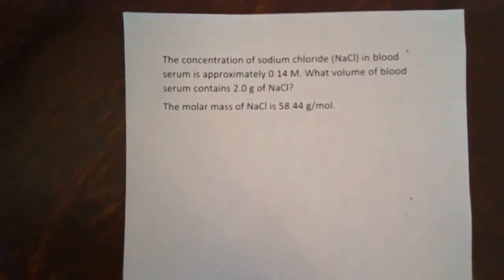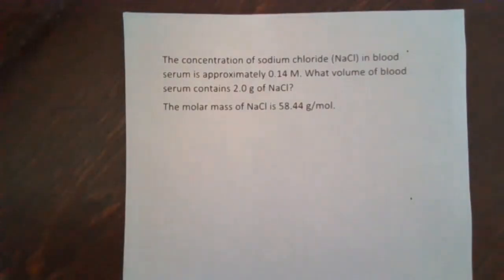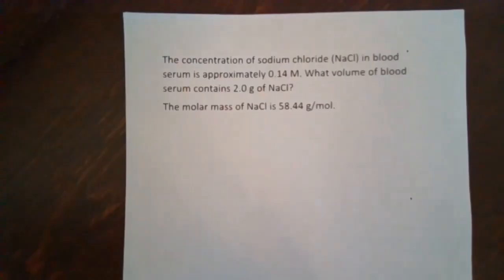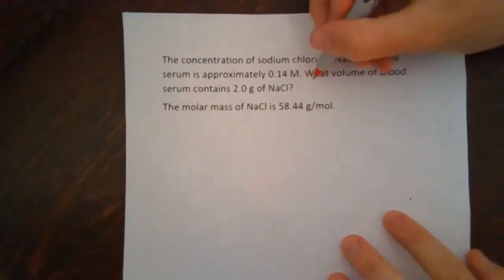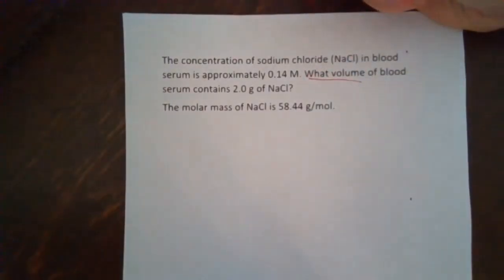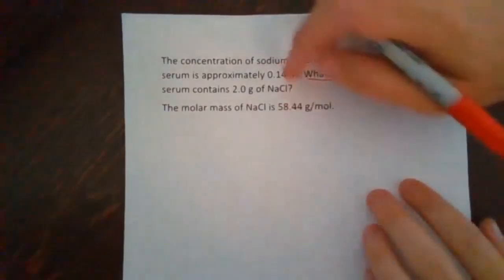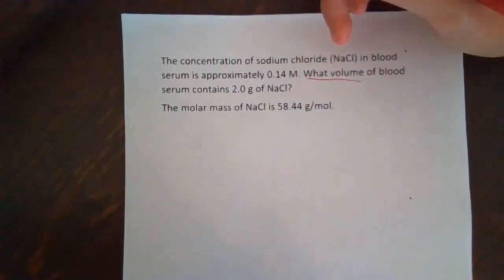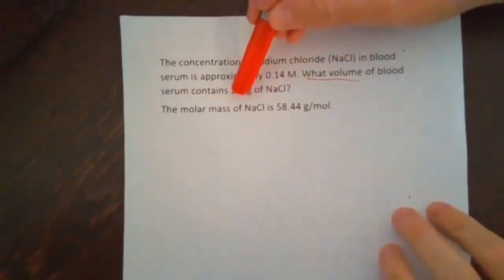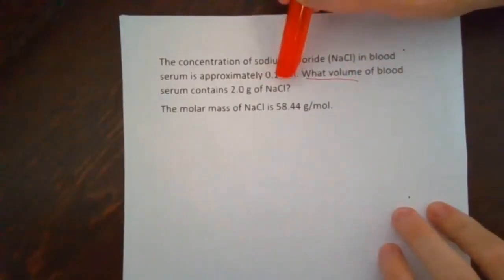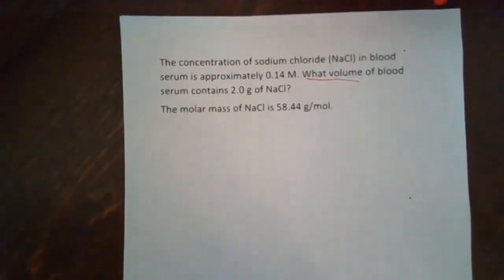All right, the concentration of sodium chloride in blood serum is approximately 0.14 molar. What volume of blood serum contains 2.0 grams NaCl? So we know what we want is what volume of blood, and we're given 2 pieces of information: 2 grams of NaCl and 0.14 molar.